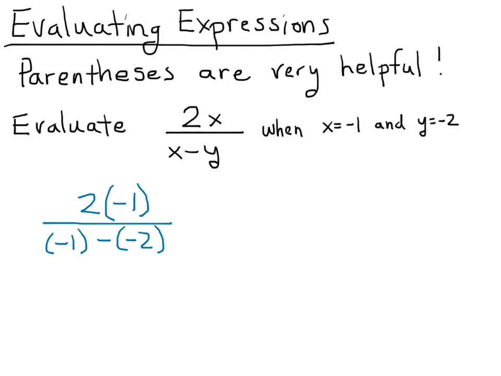Don't try and reconcile all the signs yet. Like when, okay, the top one will be easy enough because that's going to be -2, and then we have a -1 where the x is. But then you have to think, okay, -y and y equals -2, so that makes a +2, and then you have to add that. You're going to get there, but just for the first step, just simply, mindlessly, write parentheses, drop in the number.